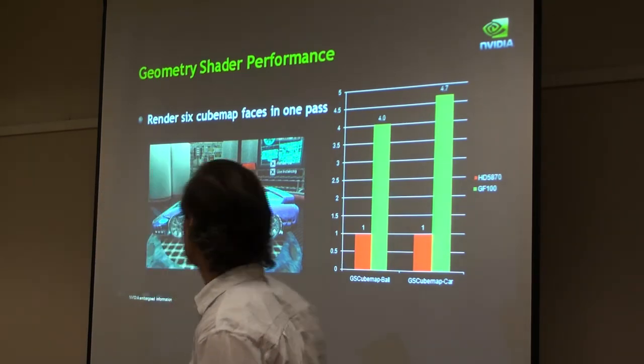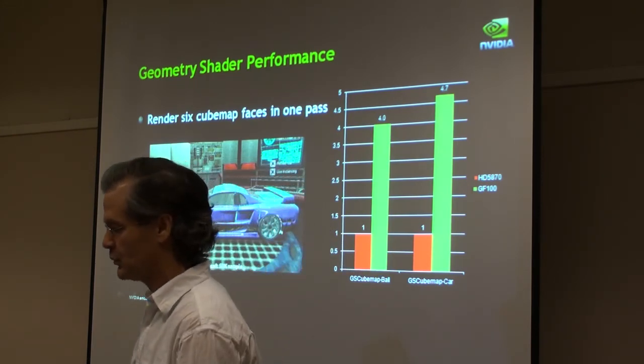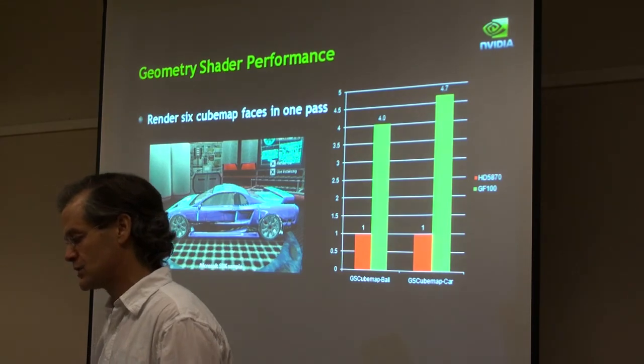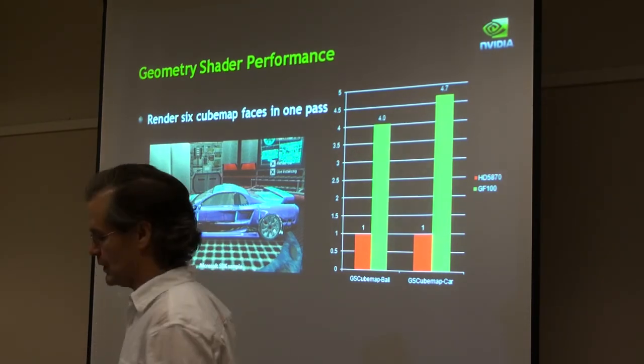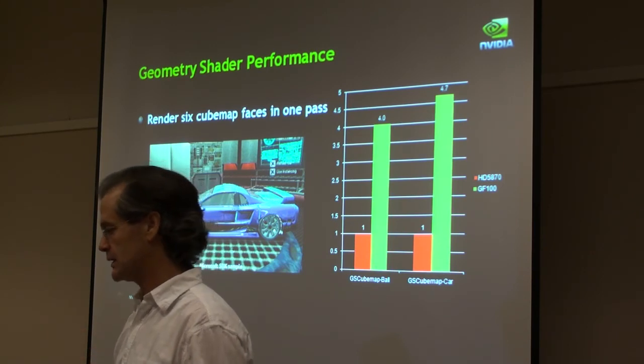And you can kind of see our initial implementation was regrettable, but the current one is really great, and you can see the fruits of managing the data and keeping it on die.